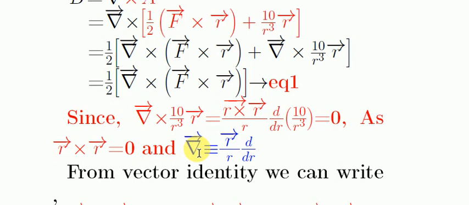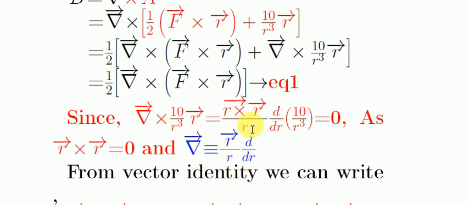And vice versa. So this is very important in vector calculus, that the del operator is equivalent to r vector by mod of r d/dr. So we use it here in place of the del operator in this problem.